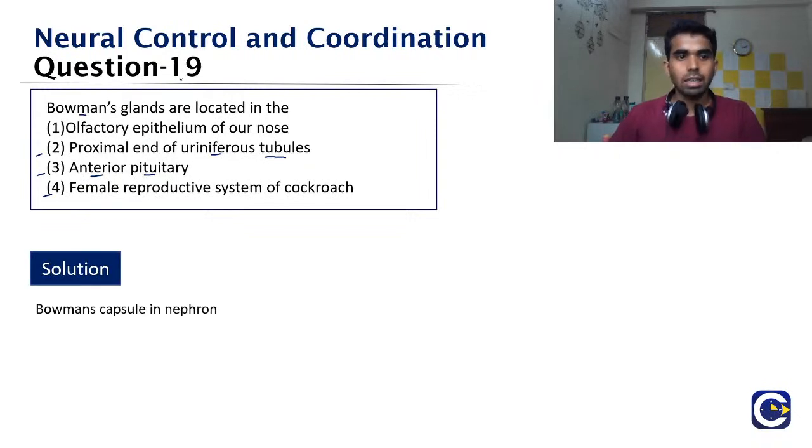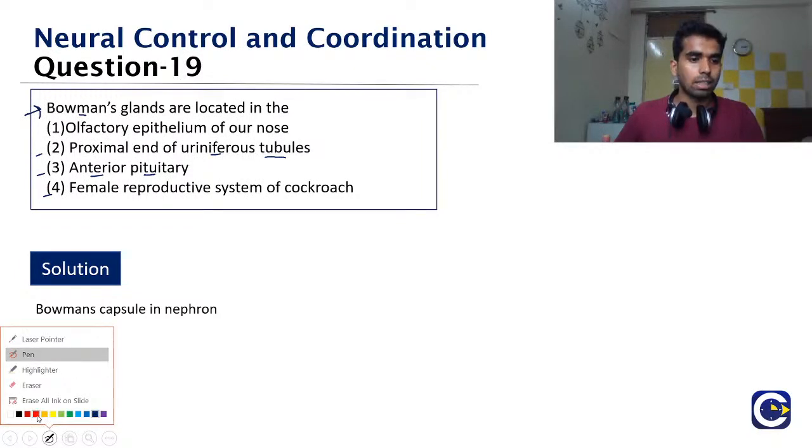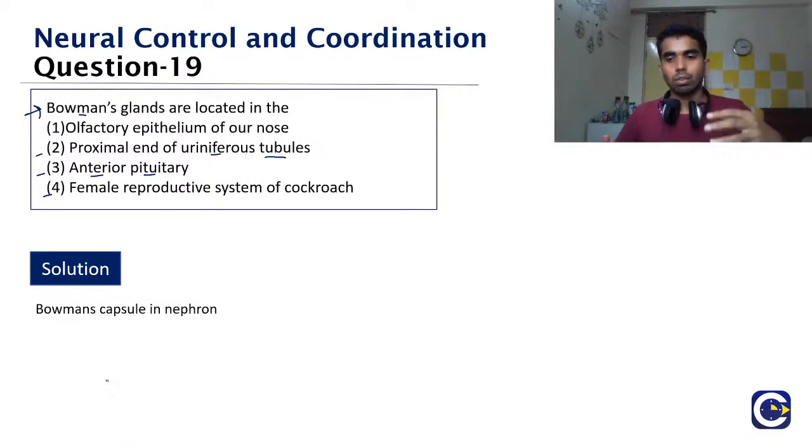Yes, very well said. In the olfactory epithelium, a specialized gland is present, and that gland is known as Bowman's gland. The main function of this gland is that whatever you smell is sensed by it.